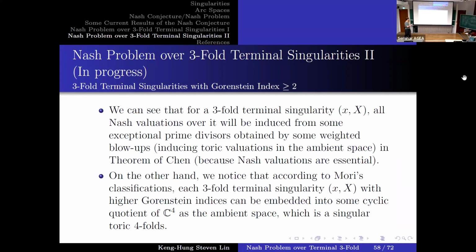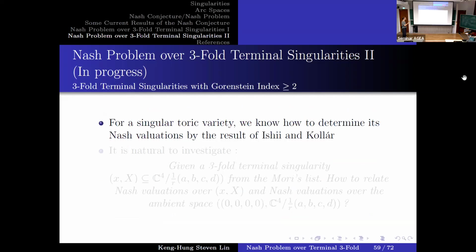Another notice: from Mori's classification, any 3-fold terminal singularity can be embedded as a hypersurface of a cyclic quotient of C4 as its ambient space. Its ambient space is toric. We know that the toric Nash valuation problem has been solved by Ishii and Kollár.